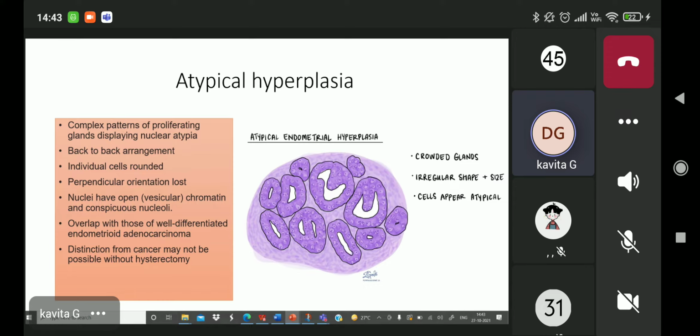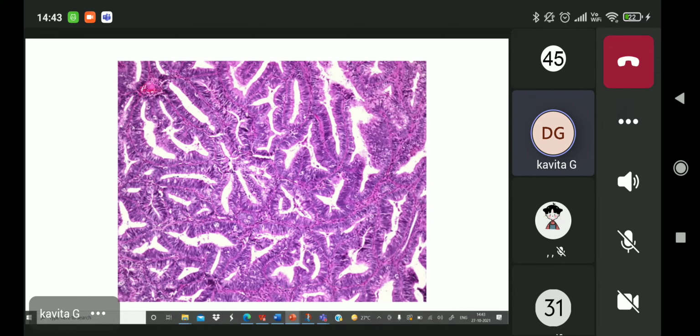Okay. So you can see over here marked increase in gland stroma ratio. You can see the marked back-to-back proliferation of the arrangement of the glands. You can see that some of them are showing, I would say, a branching, budding configuration.